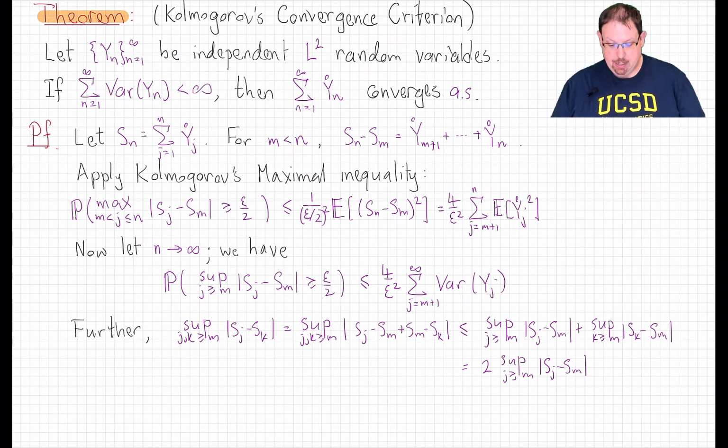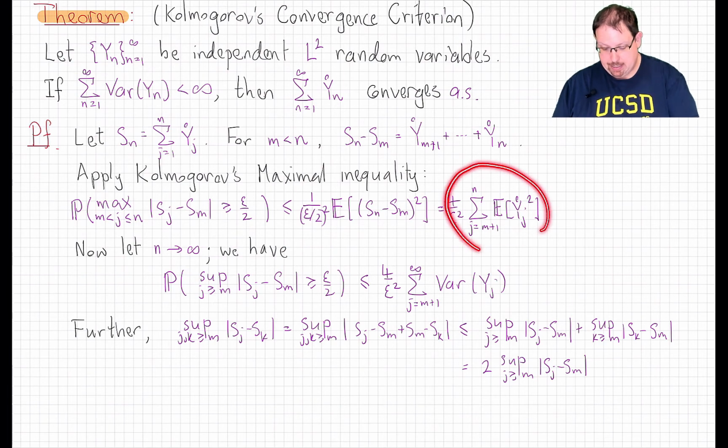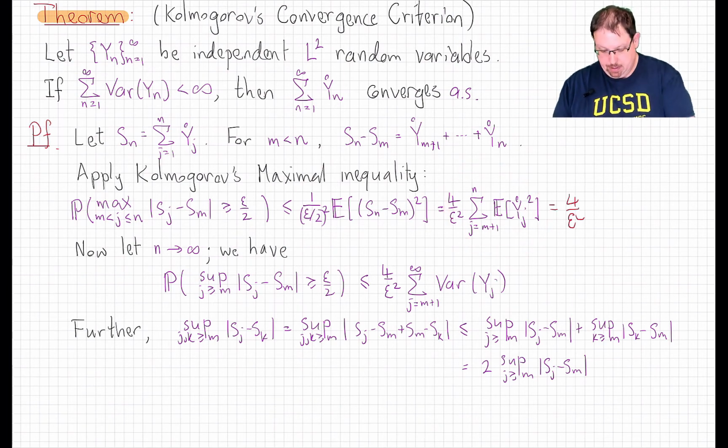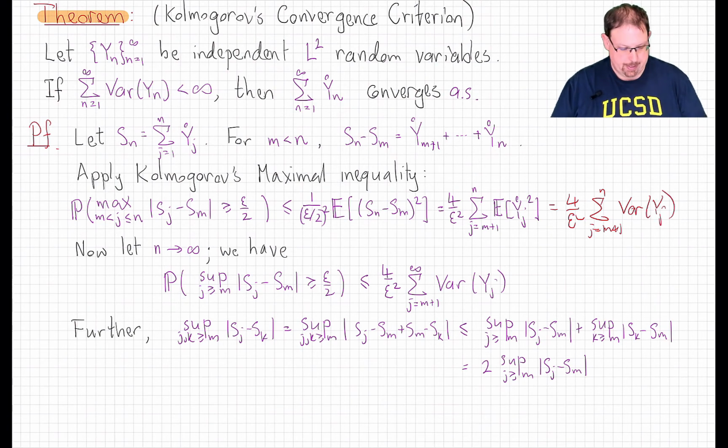And again, using orthogonality, which follows from the independence assumption, this factors out using Pythagoras as this sum here, which is the same thing as the sum, j going from m plus 1 up to n, of the variance of yj by definition of variance.